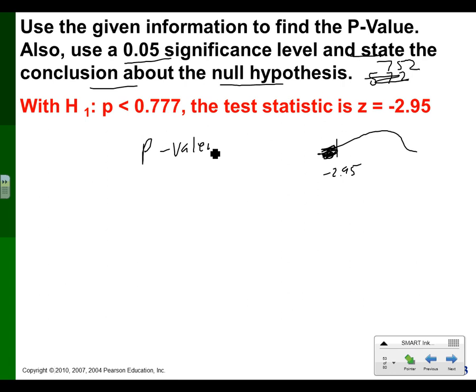P-value, point what? There we go. You see how this sign is right here? That means a left-tailed test. The alternative is that the p-value is different than the population proportion. If you're going to do normal CDF, it'd be negative 1E99, comma, negative 2.95. Normal CDF.